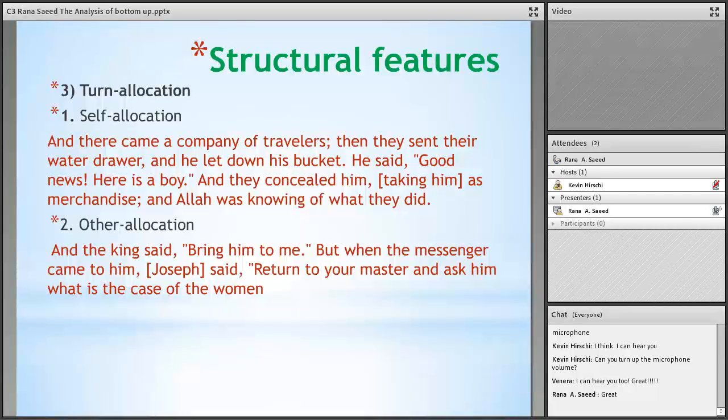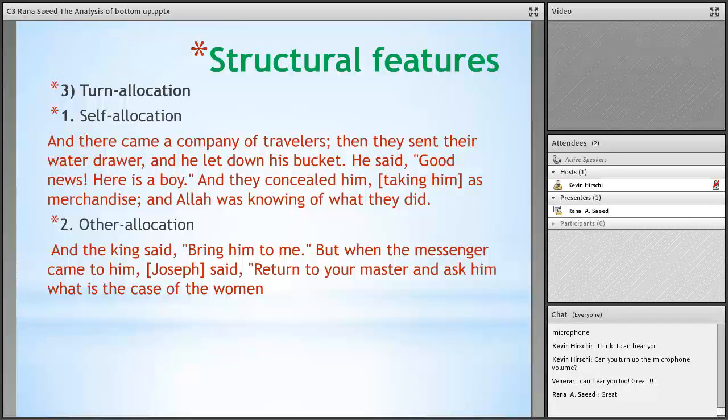"And there came a company of travelers. They sent their water drawer and he let down his bucket. He said, 'Good news, here is a boy.'" This is an extract taken after Joseph's brothers threw him into the well.